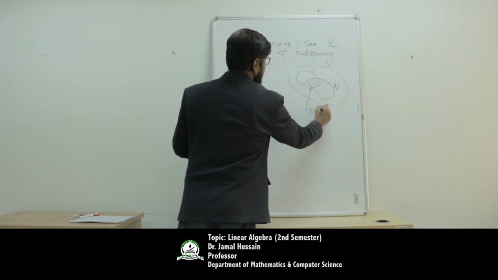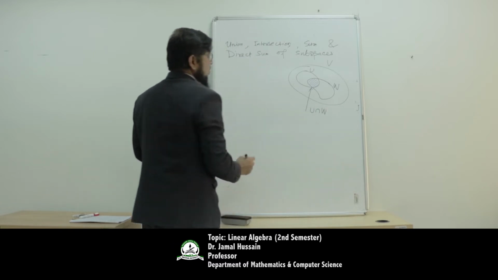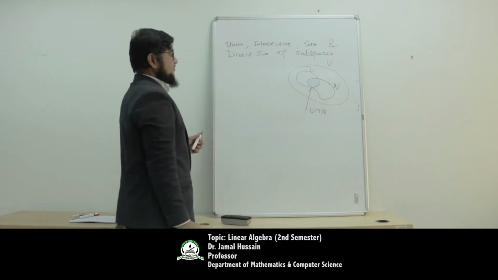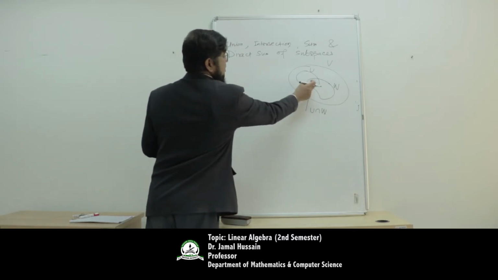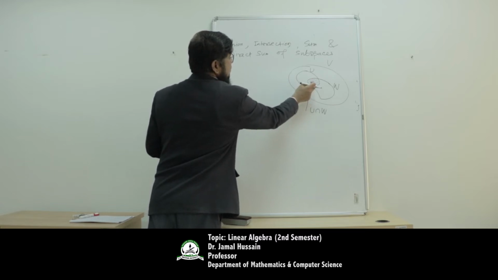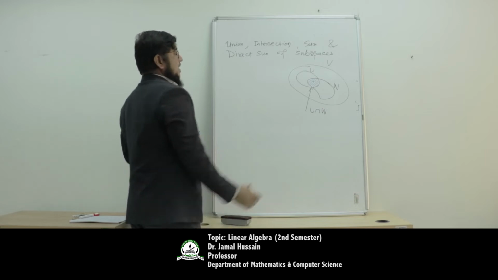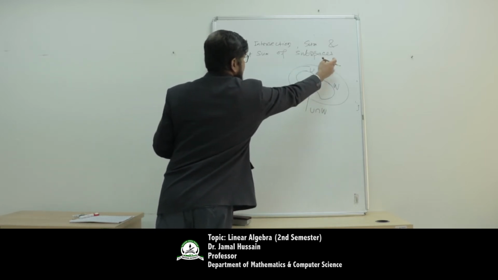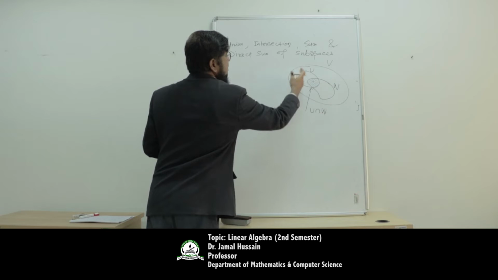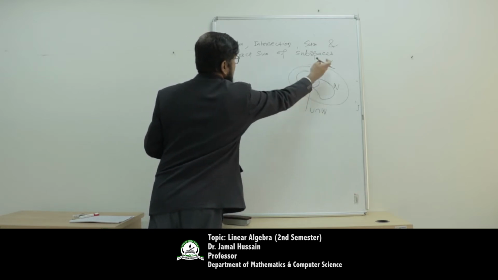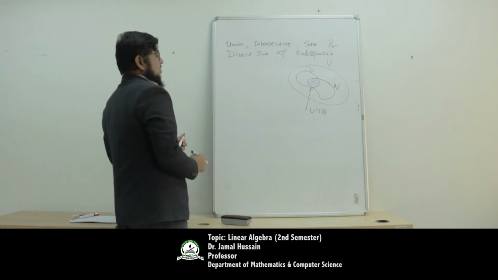We denote it like this, U intersection W, which is nothing but the common part of U and W. So any element here, if I take any element here, it belongs to U as well as W, and moreover everything is inside V. So any element here will be inside V.